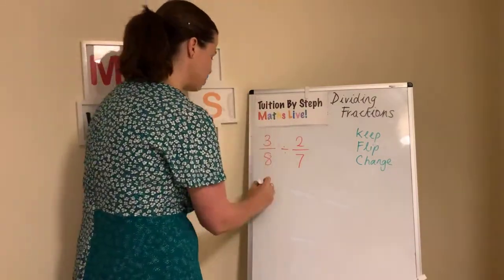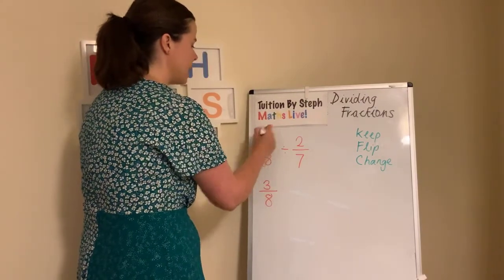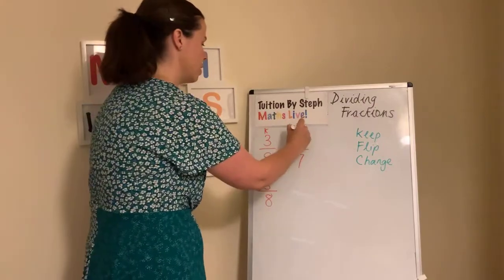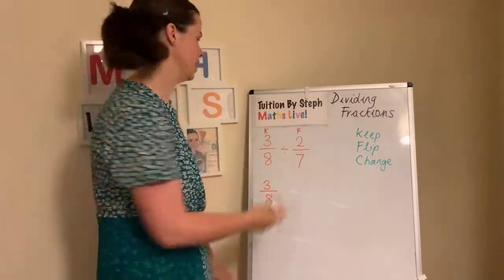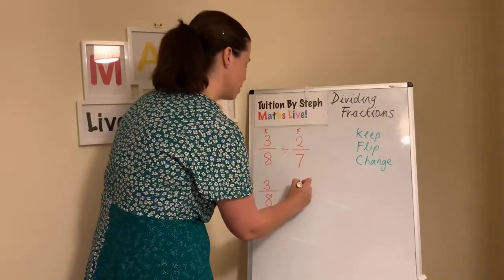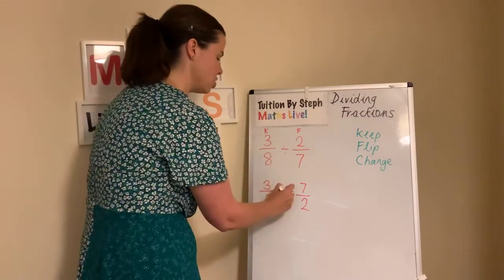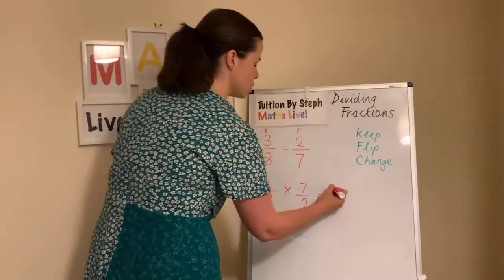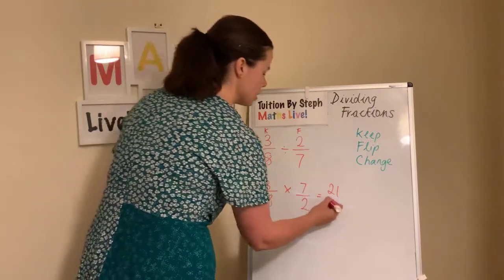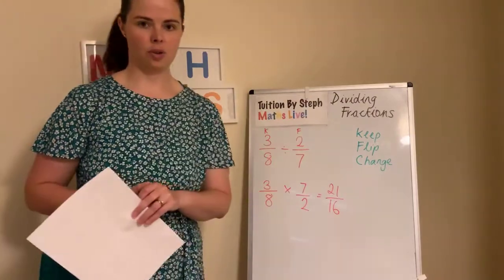We're going to keep the 3/8 the same, because remember, it's K. Now we jump across, because remember it's KCF, but we try and remember it because we've heard of KFC. So we flip the second fraction to 7/2, and we change it from division into multiplication. And 3 times 7 is 21, and 2 times 8 is 16. So there is your answer.